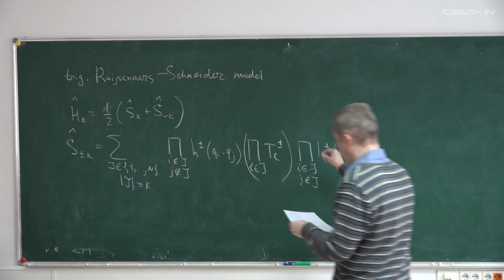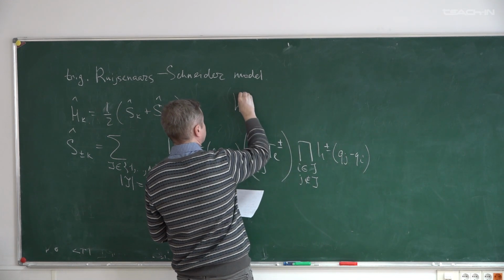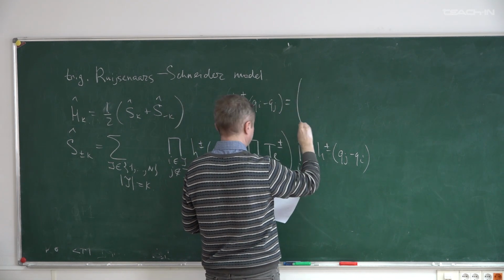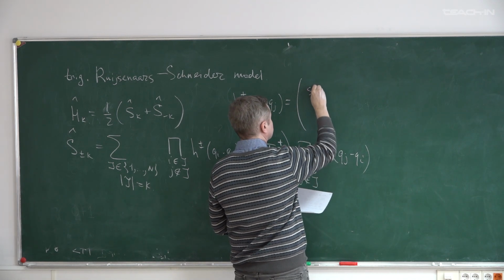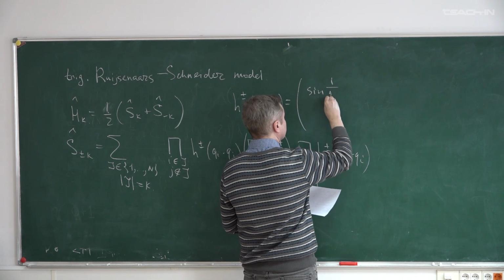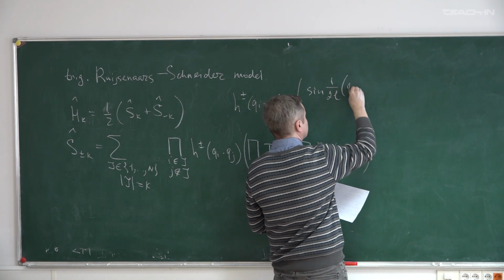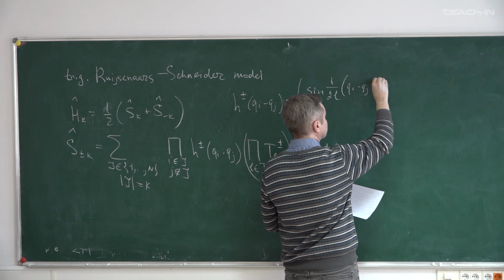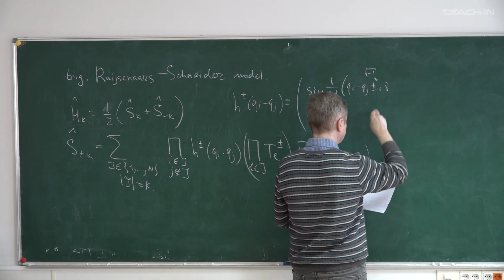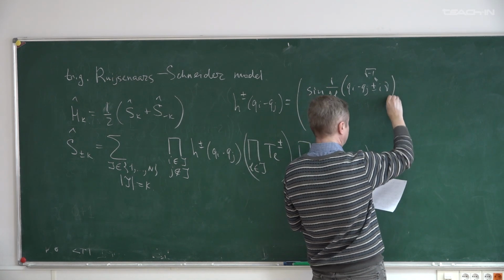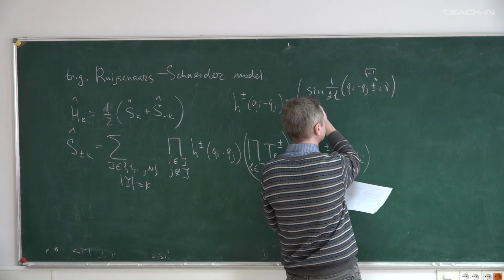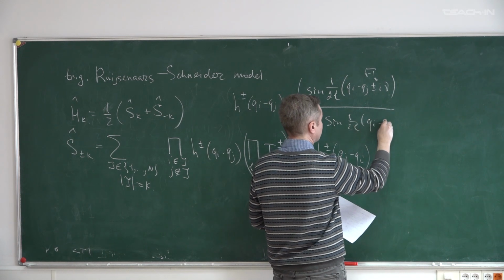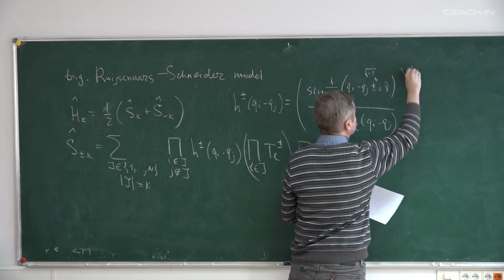These h plus minus functions are as follows. The functions h plus minus of qi minus qj are in fact ratios of sines: sine of 1 over 2L times qi minus qj plus minus i nu, where i is the imaginary unit, multiplied by nu, divided by the not shifted sine, the same sine without shifts, and all under a square root.